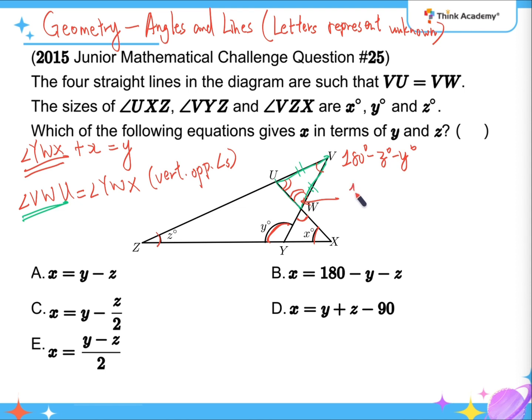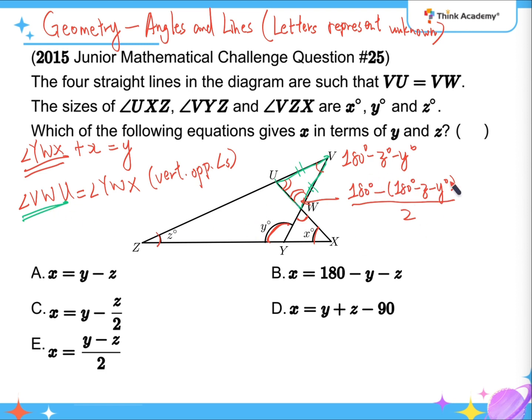So it means that if you are taking away the top angle, which is 180 take away Z take away Y degrees, from 180 degrees, which is the angle sum of this triangle, and then you divide it by 2, you will get angle VWU.